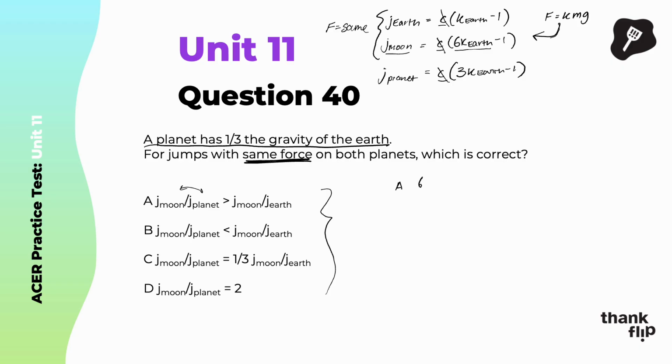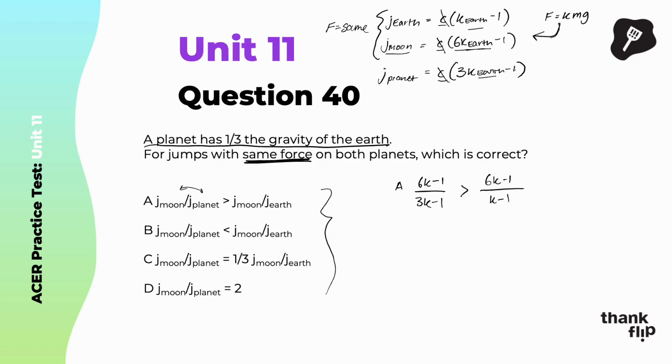So J moon is 6K, and I'm just going to leave it at K because we're looking at Earth in all three, so we know we're looking at K Earth, so I'm just going to say K minus 1 over 3K minus 1. And it's saying that this is greater than 6K minus 1, which is the moon, over K minus 1.